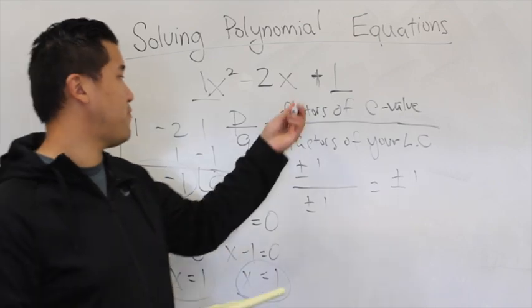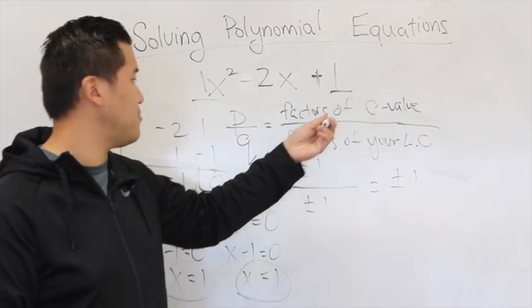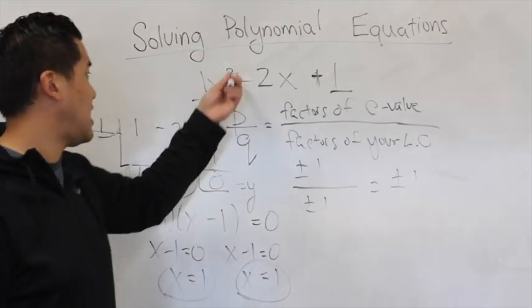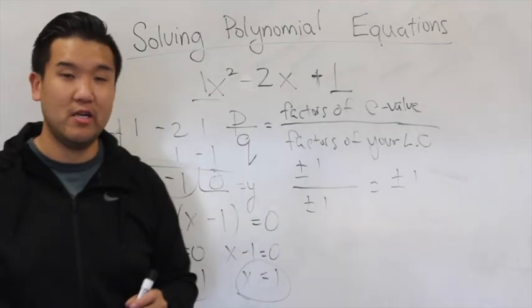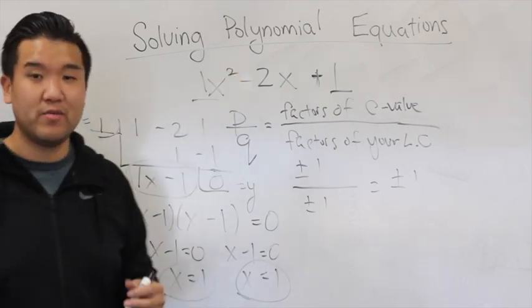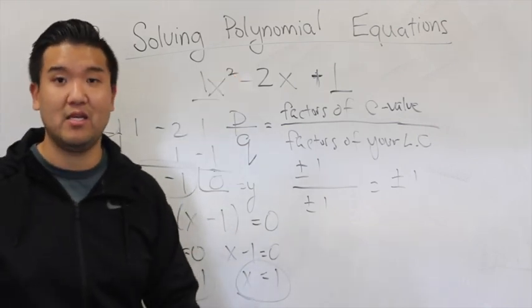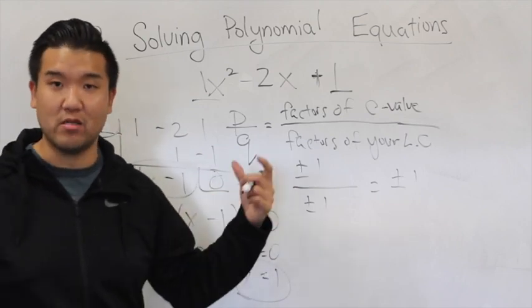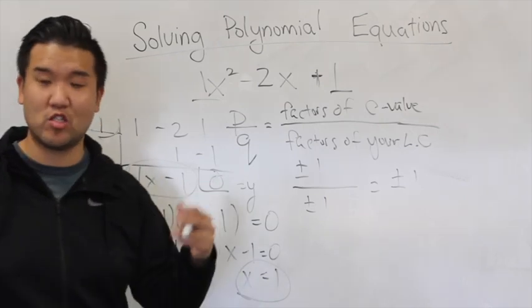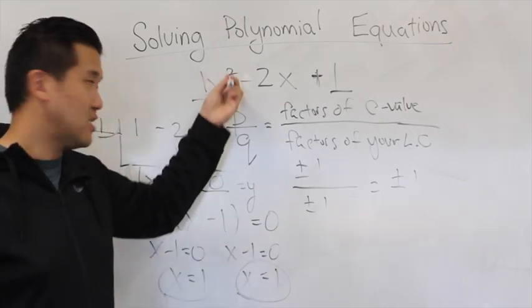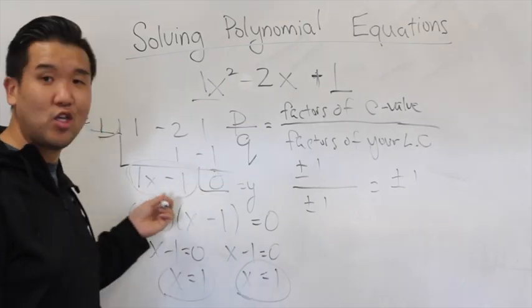Remember, it's your factors of your C value divided by your factors of your leading coefficient. If this was a higher polynomial function, say x cubed, then this would be x squared, and we would have to test whether we can go further after we take out a factor. If it was x to the 4th, and we did synthetic and got 0, then we get x cubed.